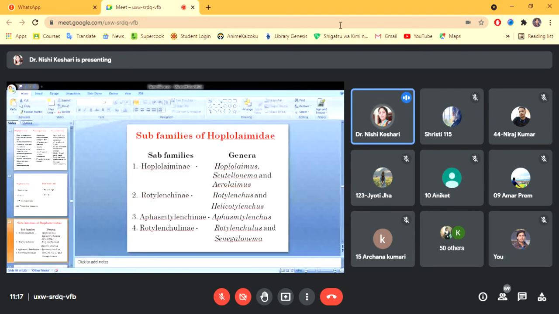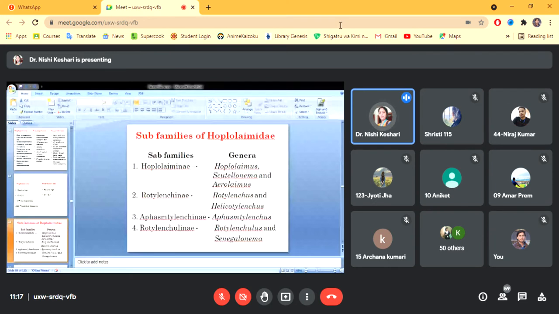Rotylenchinae: Rotylenchus and Helicotylenchus, they are also very important. Helicotylenchus, the name itself suggests, is the spiral nematode. The common name is spiral nematode, and Rotylenchus is the reniform nematode. Why reniform? Because their females look kidney shaped. And in Helicotylenchus, all the nematodes, whether juvenile, male or female, are in a spiral shape like a 6.